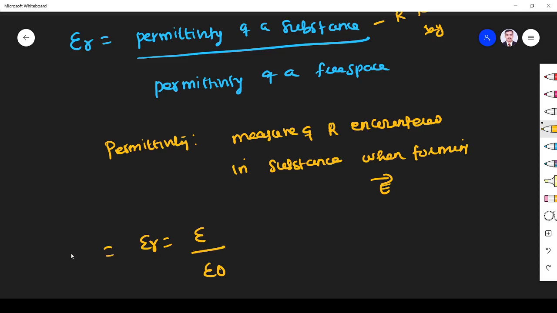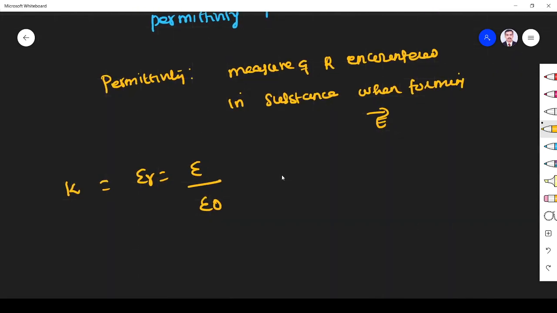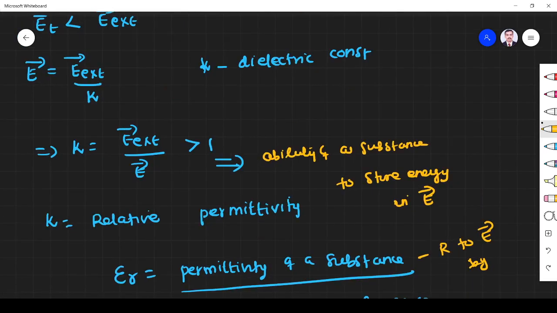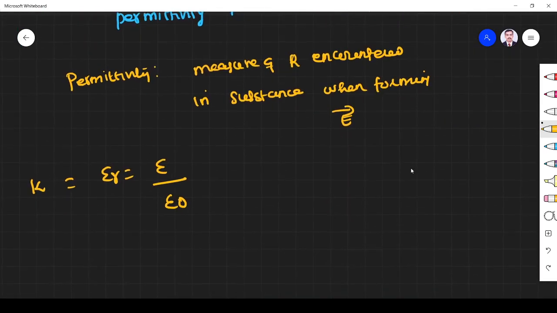That you can equate to kappa, or the dielectric constant. Both have the same meaning. Under rare conditions, the meaning will be different. Otherwise, you can call the dielectric constant the relative permittivity. The dielectric constant is the ability of a substance to store electrical energy in an electric field, whereas relative permittivity is the permittivity of the medium with respect to the permittivity of free space.